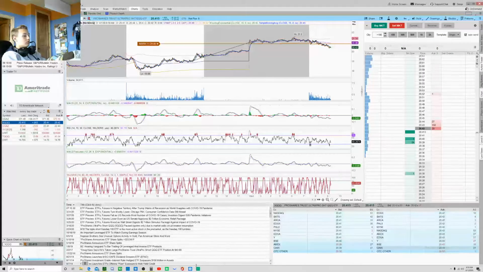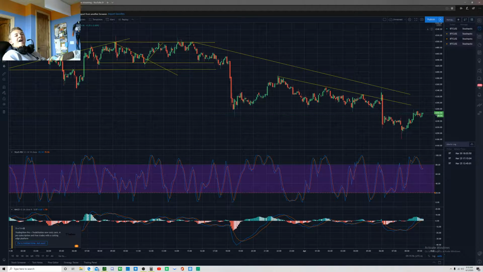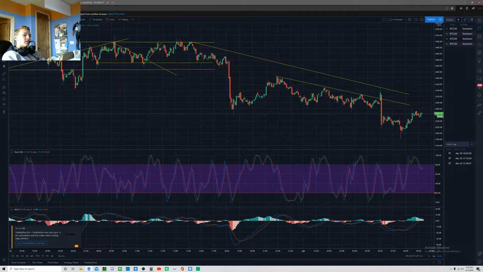Let's just look at Bitcoin real fast. So how I trade Bitcoin is, it's so simple. If it drops below this line, it's considered a good buy.